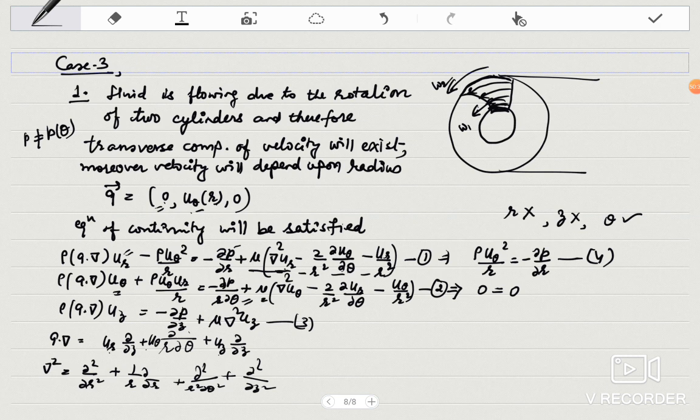Now come to this term, mu delta 2 operating on u theta. Since u theta is a function of r, we get delta 2 u theta delta r2 plus 1 upon r delta u theta delta r. It is not depending on theta and not depending upon z, so those terms will be 0.